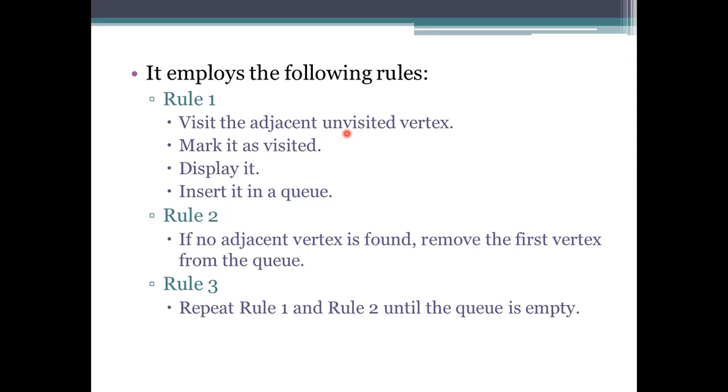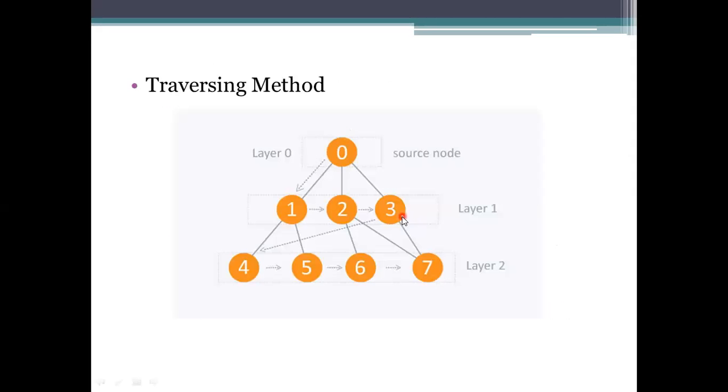Display it means this one has been visited, and we need to insert it in a queue. If there is no adjacent vertex, we end at this level, we reach this point. There are no other adjacent nodes. We need to start over from the first one. Here it is a visited one, so we need to dequeue this one and traverse to its adjacent nodes.